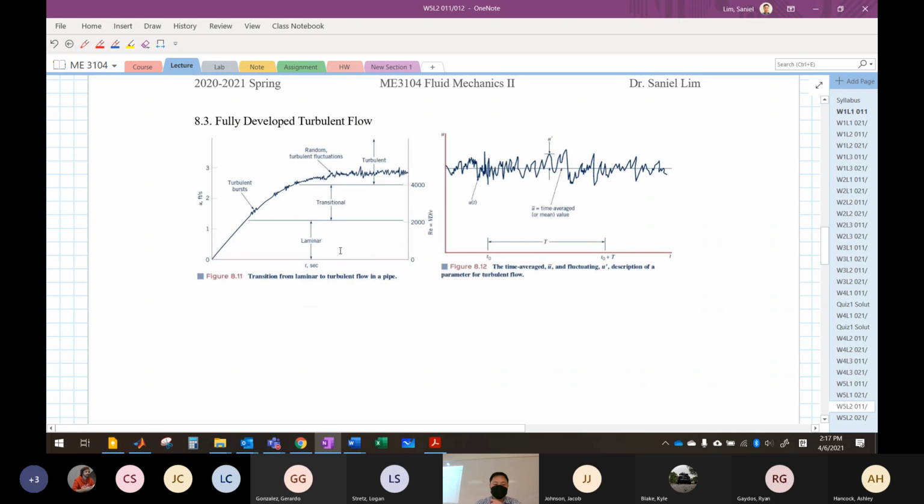All right, so turbulent flow. It doesn't just come up suddenly. It is built up from the laminar flow. So when you increase the velocity, let's say this is really for the visualization of the graph, this is a quasi-static flow change for the graph.